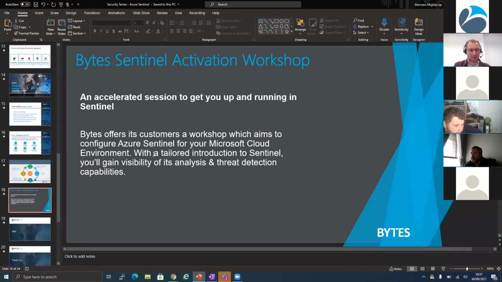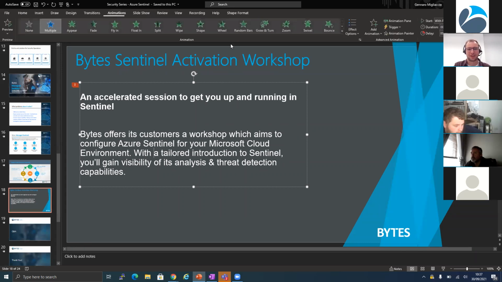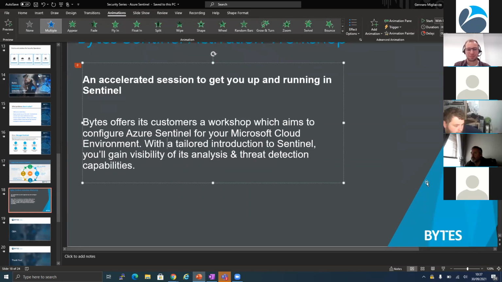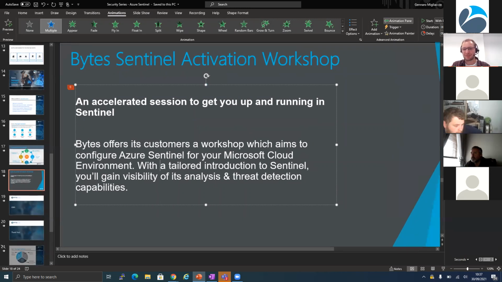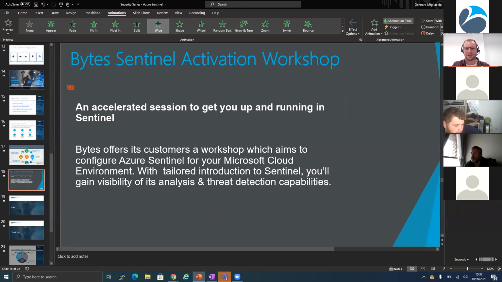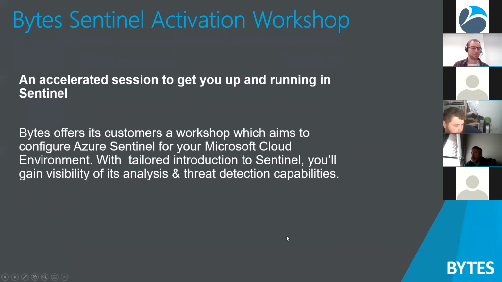Hold on, there's probably something wrong with the animation. Slight technical difficulty here. Or in fact, I think everyone can probably see this slide. Apologies if you can't. Technical difficulties with PowerPoint. In fact, hold on, I can probably resolve this now if I just delete this and then present again. There we go, all sorted.